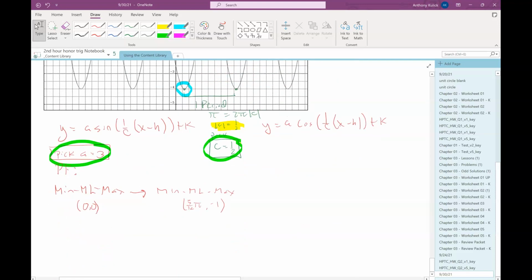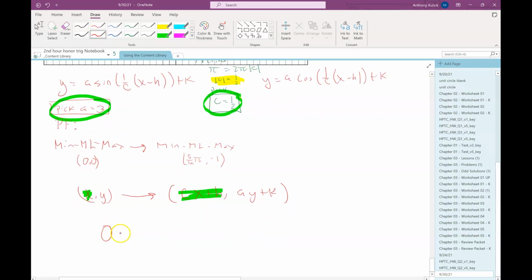And this is the key: I know here that (x, y) goes to (cx + h, ay + k). All I really care about is the x-coordinates.